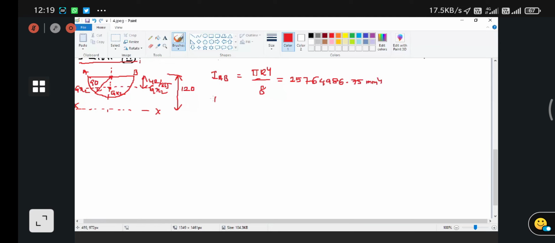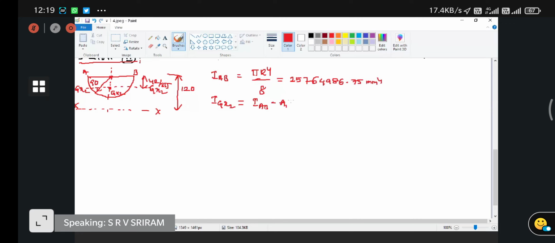Now I will go for finding the central axis for the second section. I have already explained, as in the first section, we apply the square of the distance between those two axes. Here this is my base axis. The distance between these two parallel axes is 4r by 3 pi.